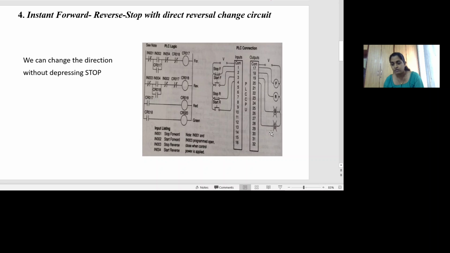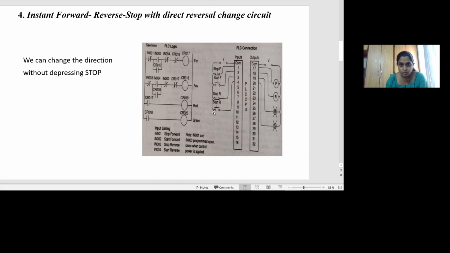The green light is connected between the common terminal and terminal 20. Whenever the green light is on, it indicates the motor is running in the reverse direction.